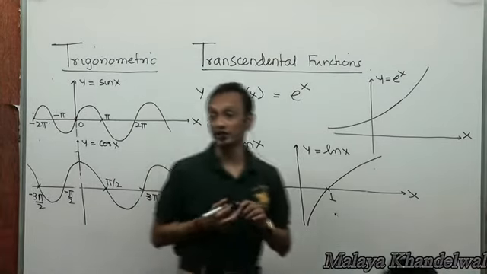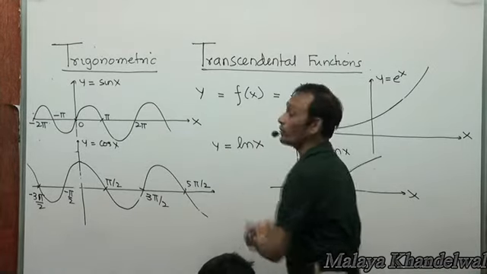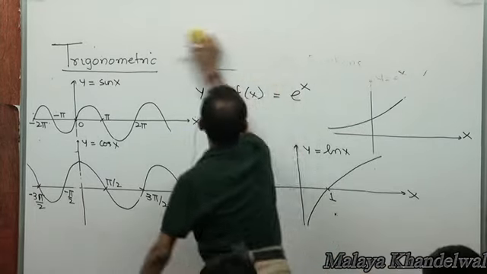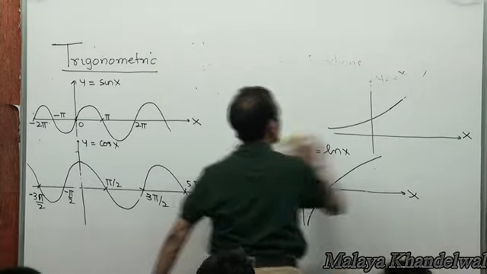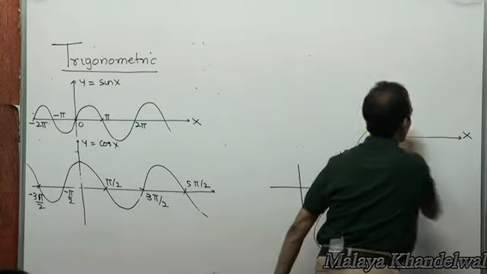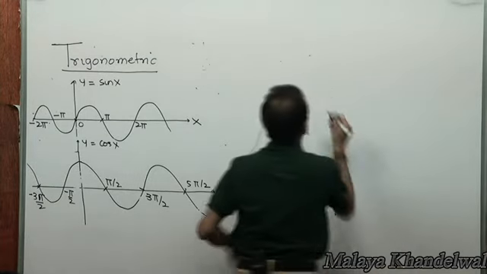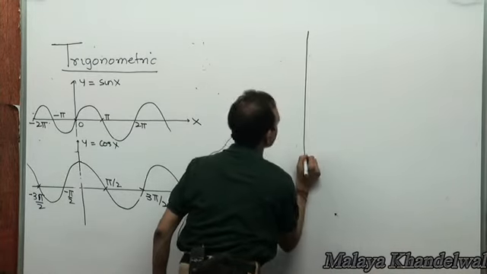This is the graph of y equal to cos x. And then we have y equal to tan x.